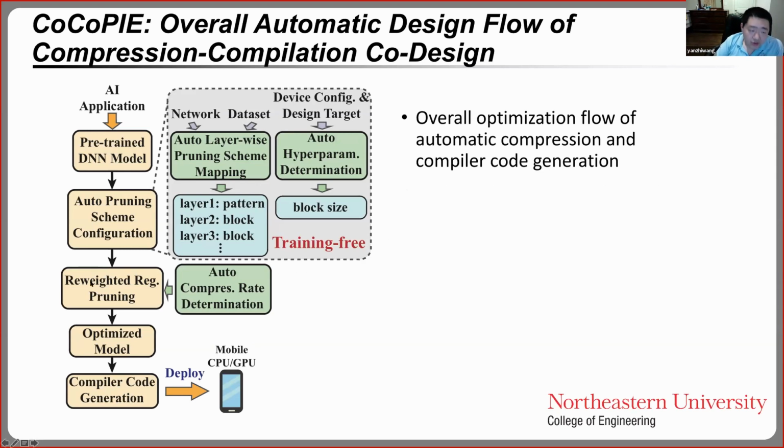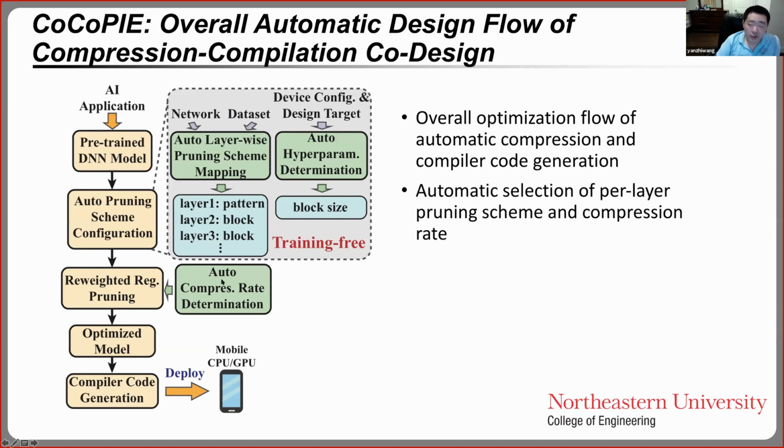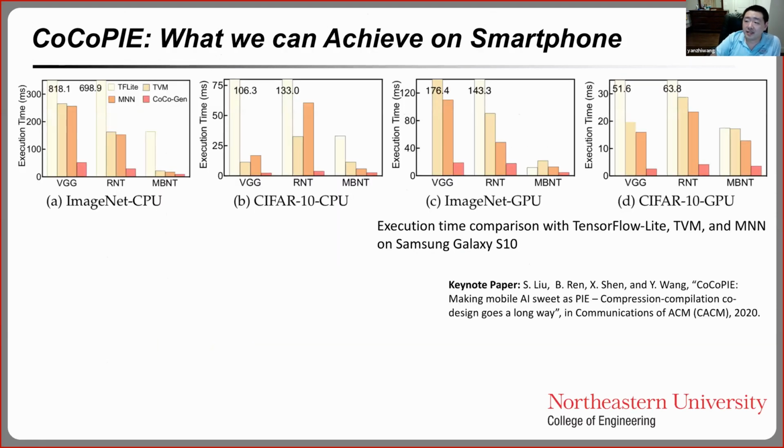And then we determine the compression rate per layer. Then we get an optimized model, go through the compiler code generation, and finally deploy on a mobile CPU or GPU. We want to show here that this is actually a training-free process: the automatic selection and the automatic compression rate determination do not require extra training. So this is significantly faster.